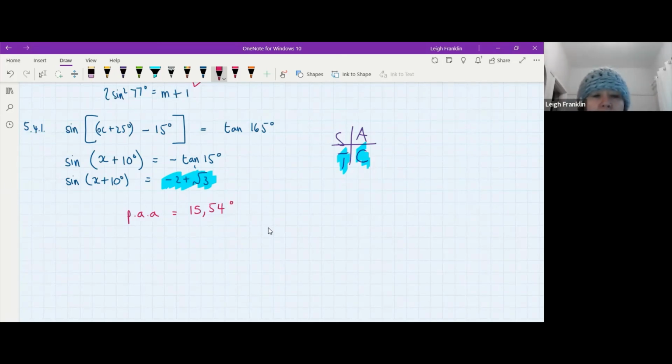Now we're working in quadrants 3 and 4. Quadrant 3, first of all. Our angle is x plus 10, and it will be equal to... Sorry, Michelle, I didn't get that. Maybe I made a mistake. I don't think so.